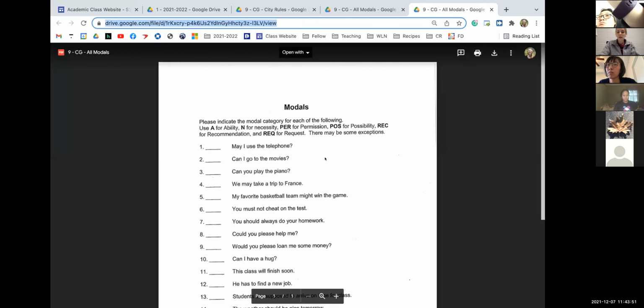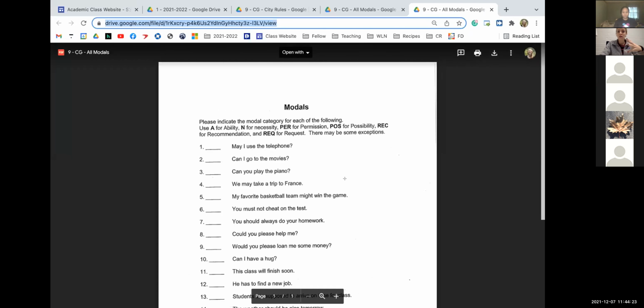We're going to read each sentence and find the modal in the sentence, and then identify that situation or the category for each one. So we'll use A for ability, N for necessity, PER for permission, POS for possibility, REC for recommendation or advice, and REQ for request.